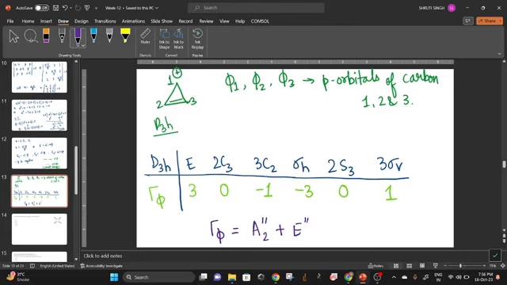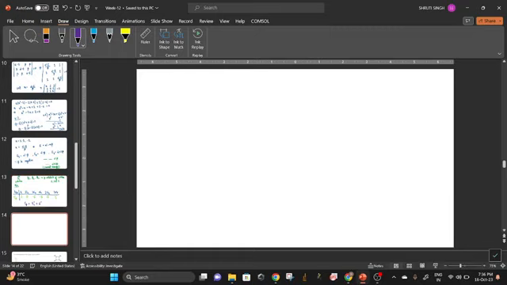So this is one dimension, this is two dimensions, total three dimensions we get. Now when we apply the projection operator, instead of D3h, we can work with the cyclic group C3.